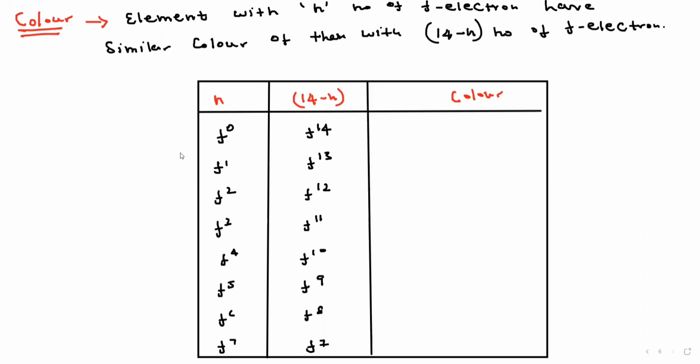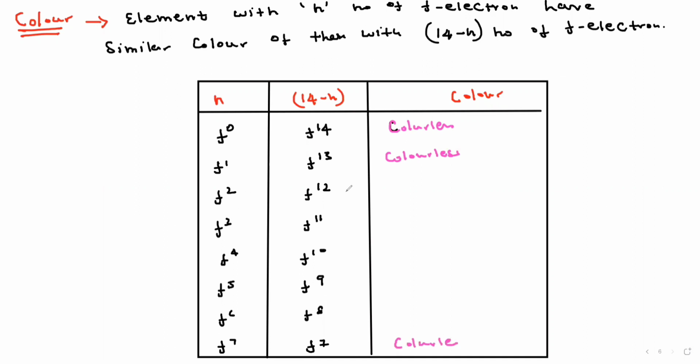Therefore, f0 and f14 have the same color. Which color? Colorless. Very important. And f1 and f13 are also colorless. f7 is colorless.